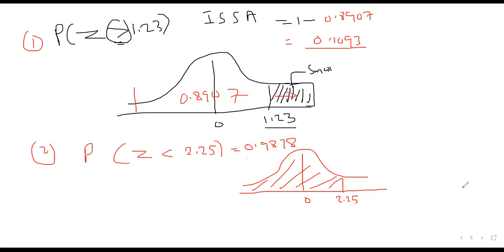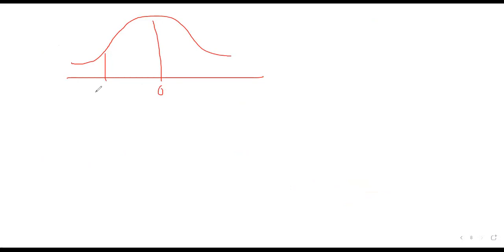So you can have a negative Z as well if you're on the other quadrant. Suppose we have negative 2. Then you are told to find the probability that Z is less than -2. So you go to -2 here, and we're going to shade here. Why are we shading the left side?